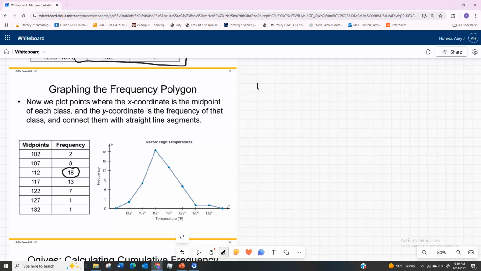So we're going to label our frequencies over here, twos by twos again so that we can get up to 18. So 2, 4, 6, 8, 10, 12, 14, 16, 18.